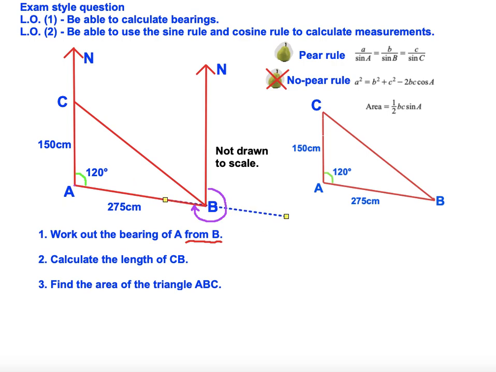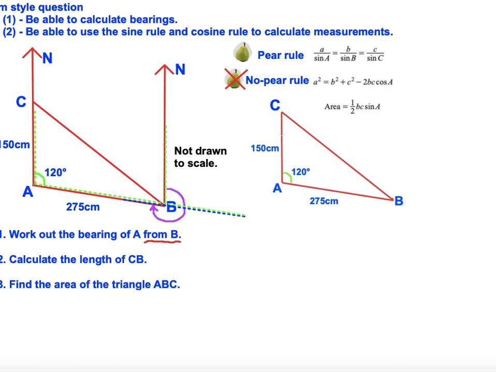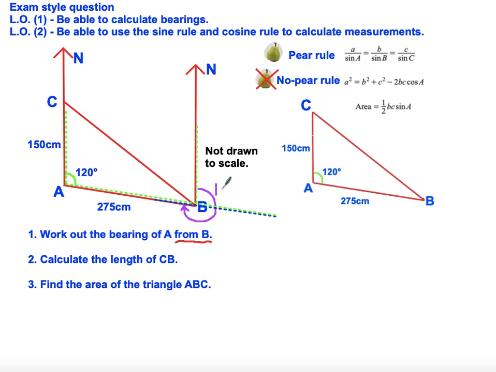And now we can see that we have an F angle here. F angles are corresponding angles, and it means that between parallel lines, obviously the two north lines are parallel, these angles are going to be the same. So this part of the turn is going to be 120 degrees.